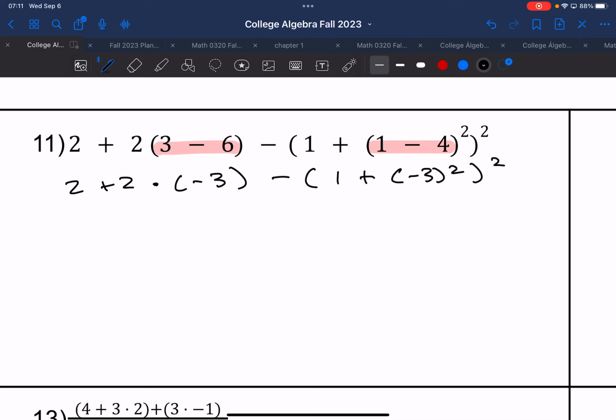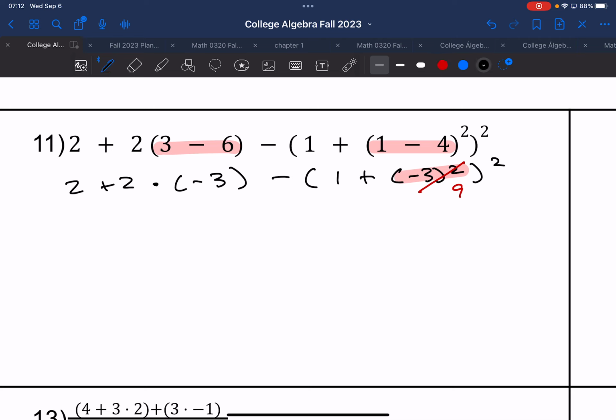Okay. What would be our next step? The exponents. Yes, so we have to complete this exponent right here before we can complete that outside parenthesis. So what's negative 3 squared? 9. Perfect, positive 9, because negative times a negative is positive.